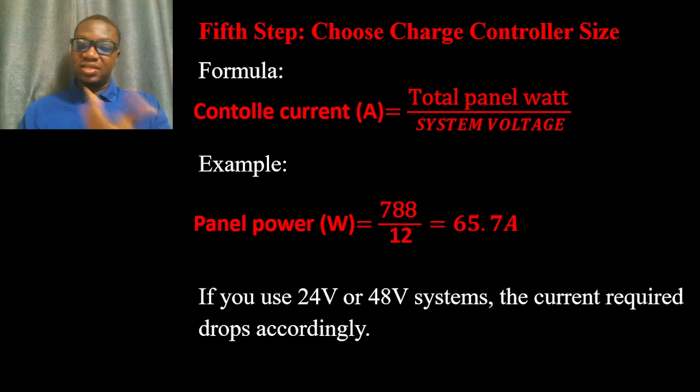And see, one thing about that is that once you go for a 24 volt system, the current that will be needed to satisfy that system will be half of what we are having here. And what that signifies is that the wires that you are going to use will become smaller, and your system will run cooler, it will not generate a lot of heat.